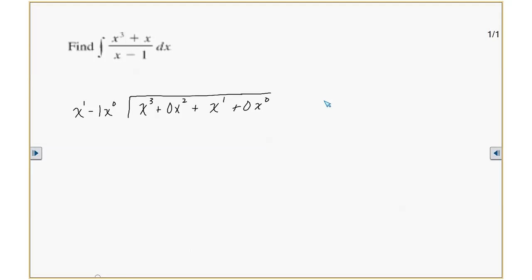Now, some of y'all, if you haven't had me for algebra, might look at that and go, what in the world is he doing? Well, what is the stipulation? There's only one stipulation with long division of polynomials.